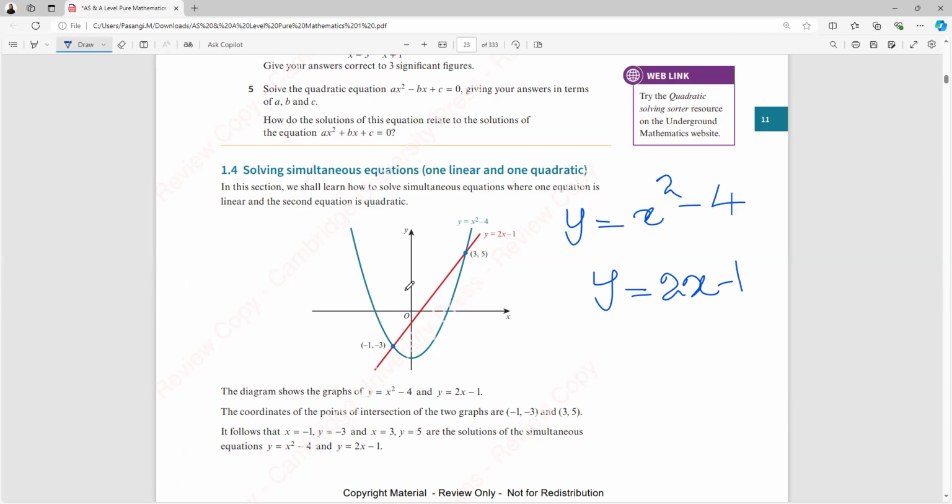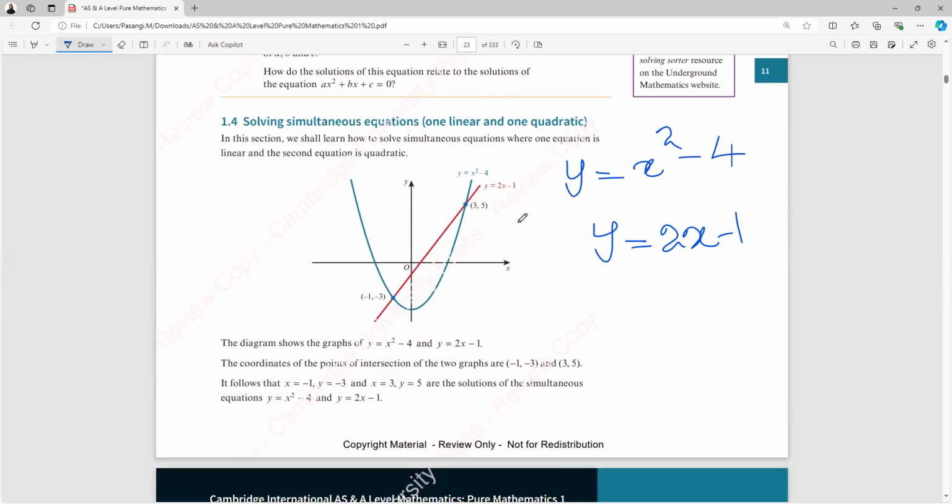The x coordinates of these intersection points give us the solutions to the simultaneous equation problem. So we know how to draw y is equal to x squared minus 4. Then we draw y is equal to 2x minus 3. Then we find the two intersection points.